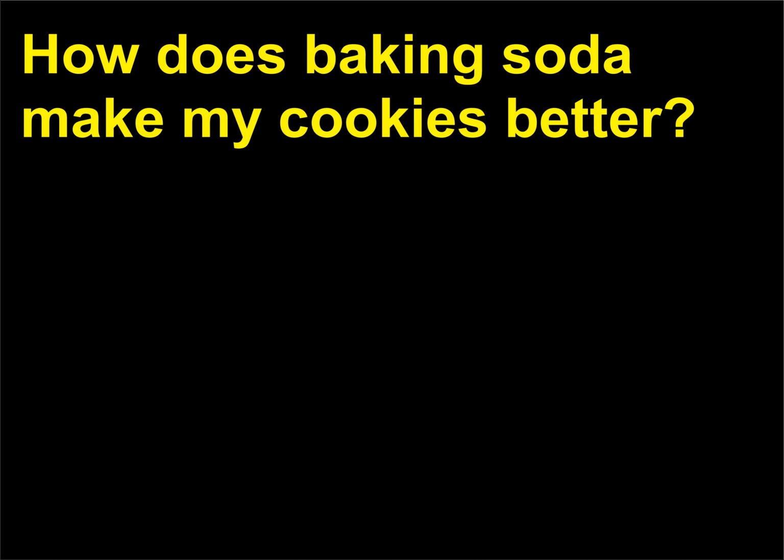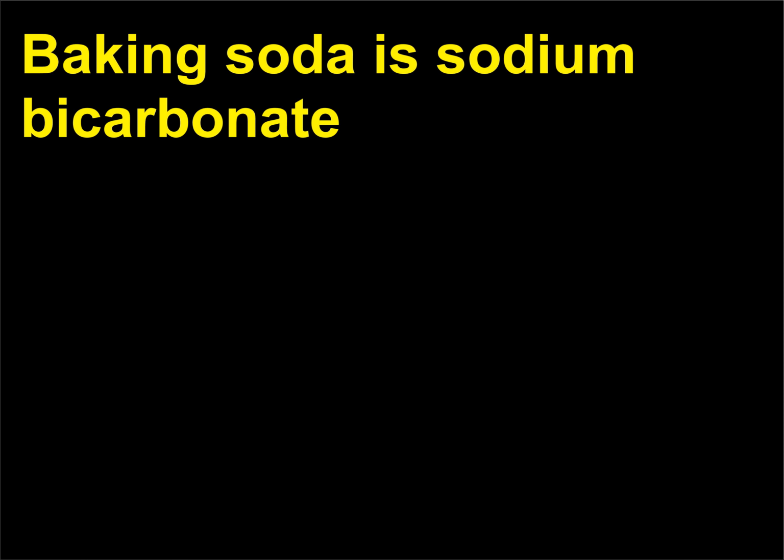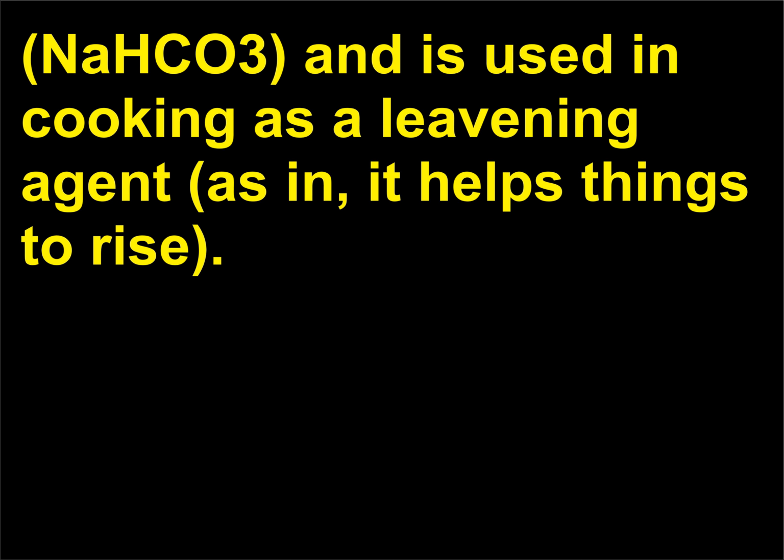How does baking soda make my cookies better? Baking soda is sodium bicarbonate, NaHCO3, and is used in cooking as a leavening agent, as in, it helps things to rise.